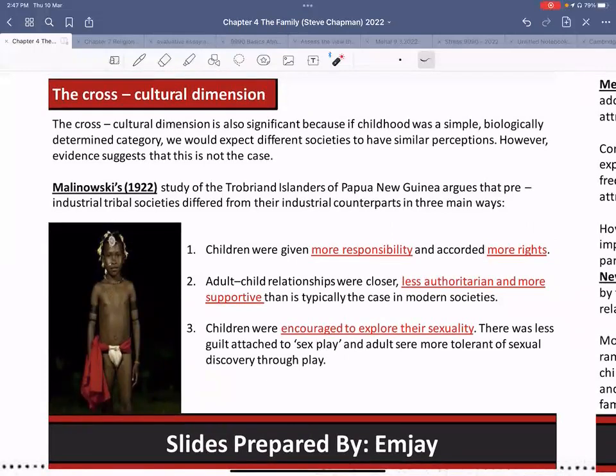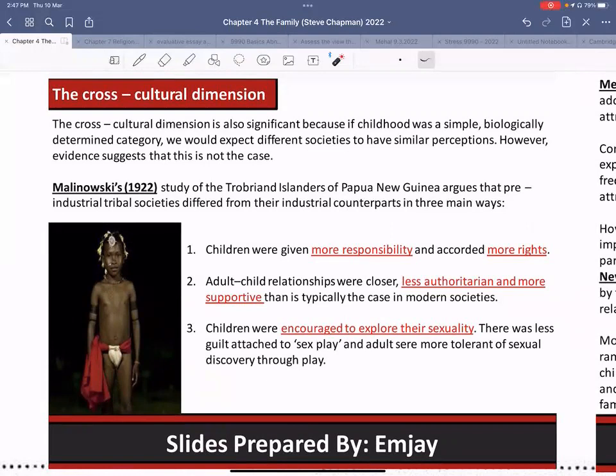The study that was conducted by Malinowski in 1922, the experiences of the Trobriand Islanders. How is it that their childhood experiences are different from the childhood experiences that individuals have in the Western world?